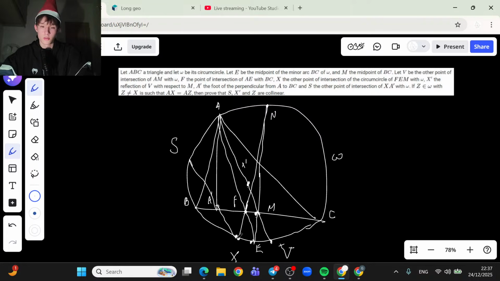What else? Well, I also know that X is actually the reflection of the Humpty point. So X prime is obviously the Humpty point because it's on the median, and angle BX prime C is 180 minus alpha.